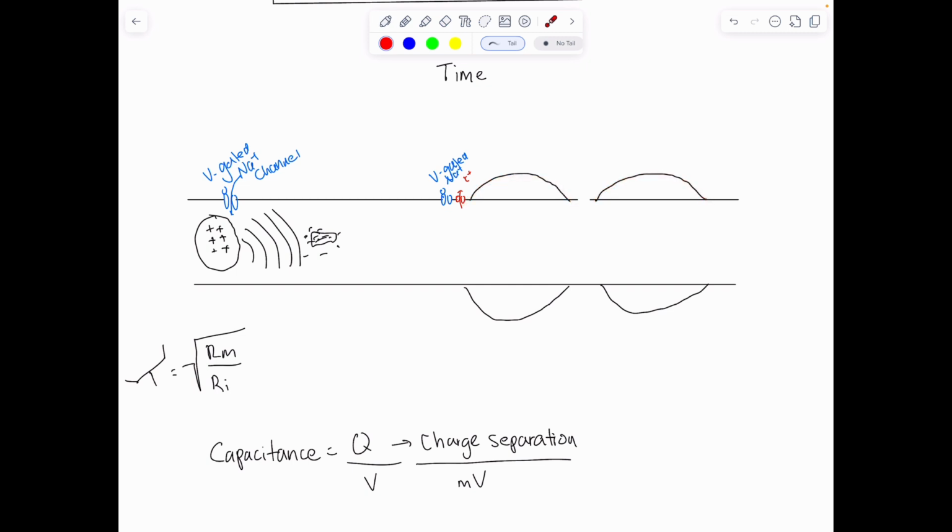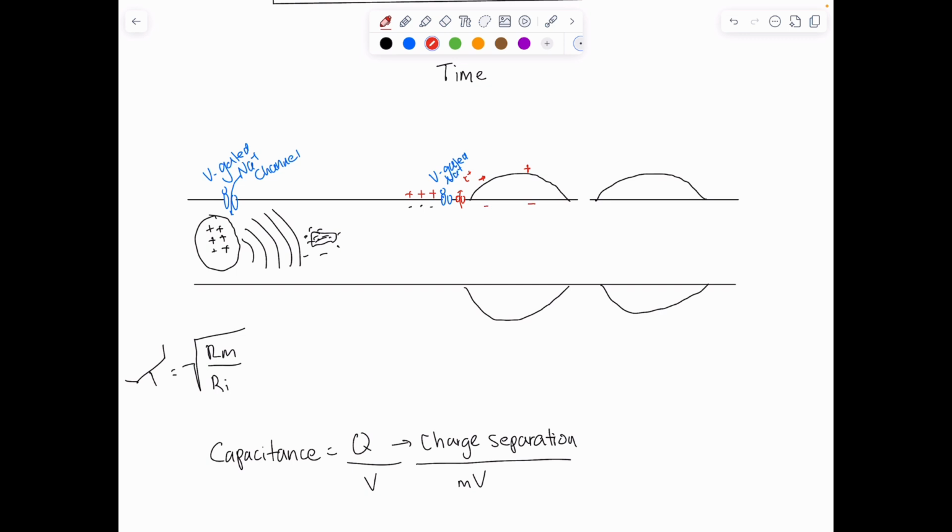Once it goes, all these positive charges are going to want to stay along this membrane, so only a couple are going to get along this myelin. What capacitance is trying to say is that when we have all these positive charges, we have a higher capacitance, whereas here there's going to be lower capacitance.